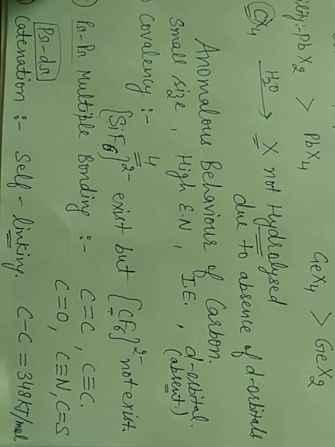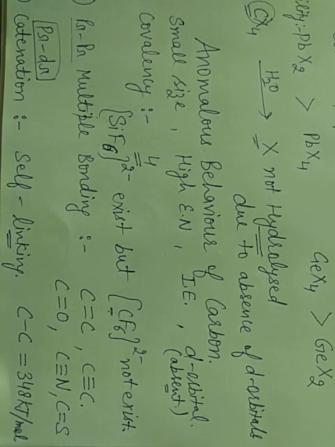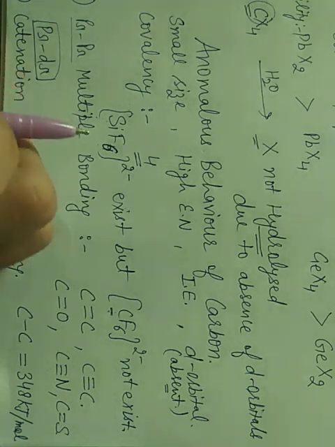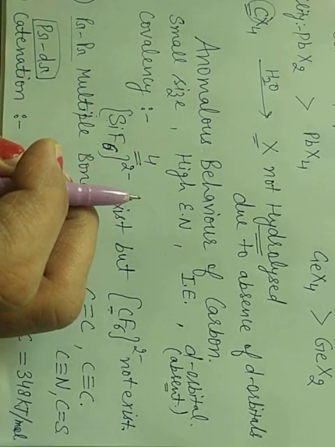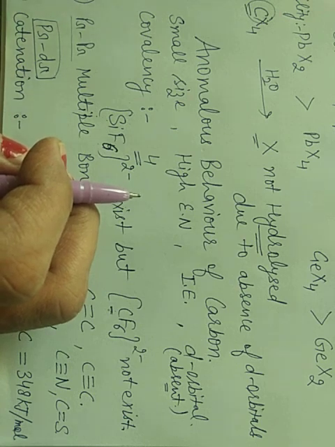Carbon exists in two types of allotropic forms: first is crystalline and second is amorphous. In this case, three allotropes are there. Carbon allotropes: first is diamond, second is graphite, and third is fullerene.